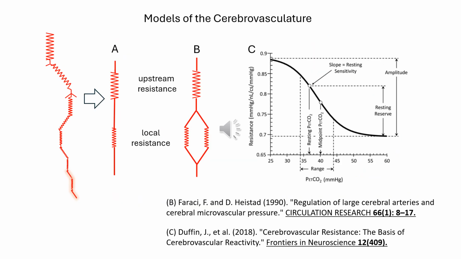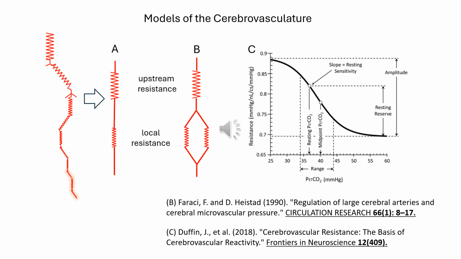Here I show in A that the resistance model of a single flow pathway from the previous figure can be simplified further by combining all local resistances into one and all resistances upstream into one. In B, nearby local resistances share a common upstream source resistance.